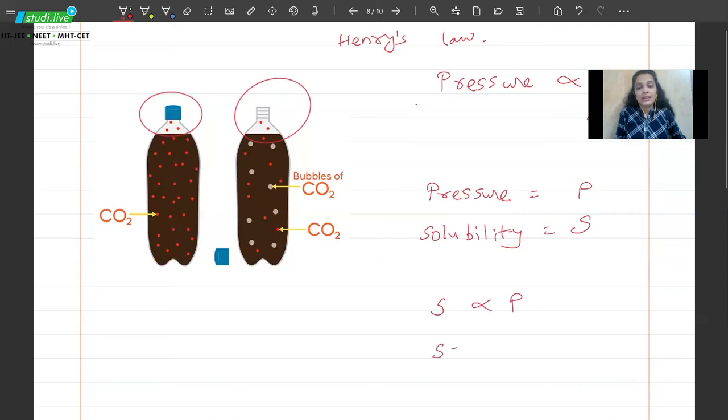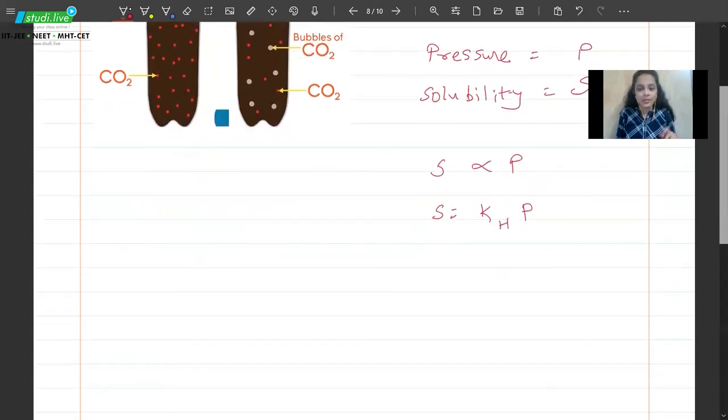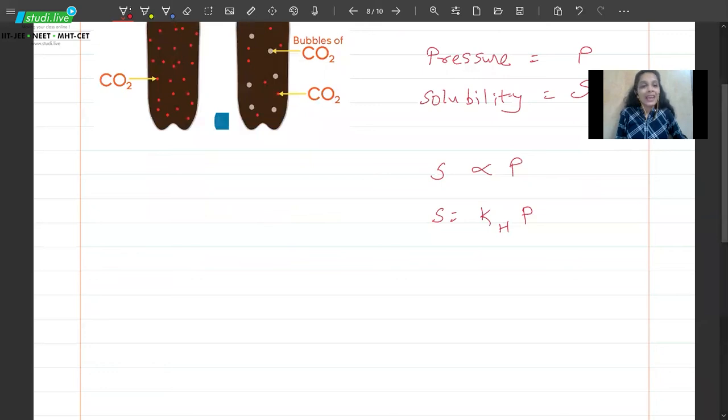To remove the proportionality sign, we have a proportionality constant, which is KH. K is the proportionality constant and H is because Henry proposed this law to us. S equals KH P. What is KH? It is nothing but the proportionality constant, or precisely Henry's constant.